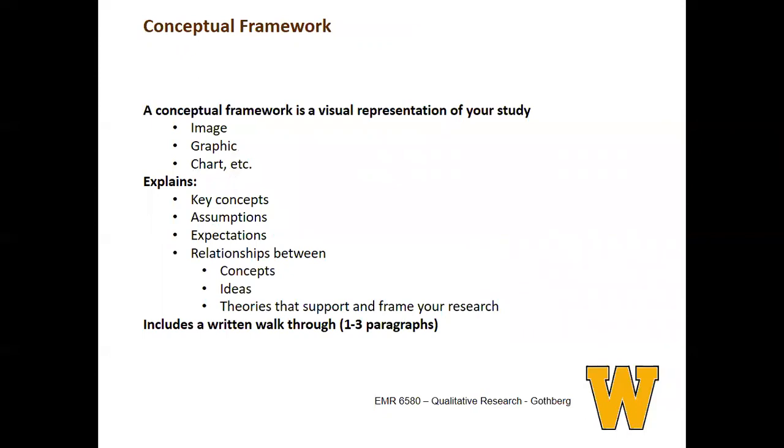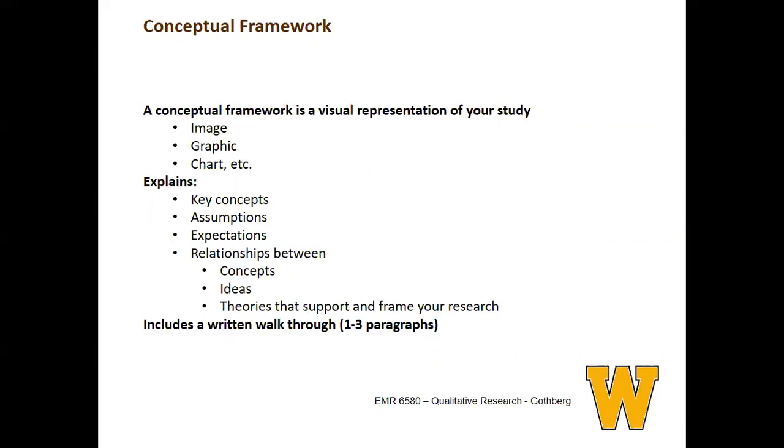So here is just a really short synopsis. A conceptual framework is that visual representation of your study. It could be an image, it could be a graphic, it could be a chart. What it does is it explains those key concepts, the assumptions, expectations, those relationships between your concepts, your ideas, theories that support and frame your research.